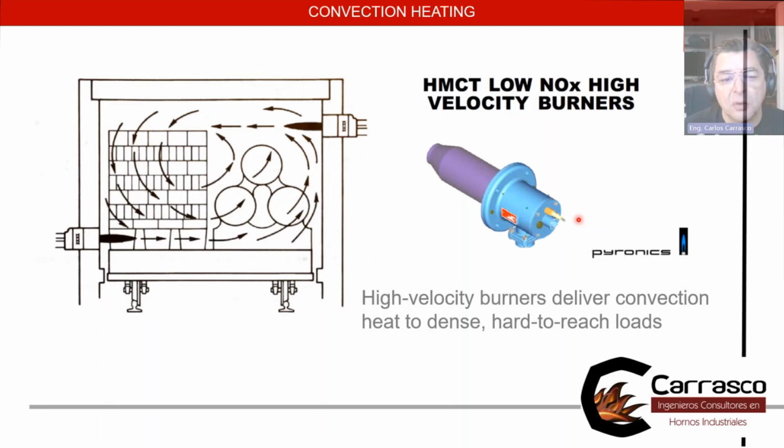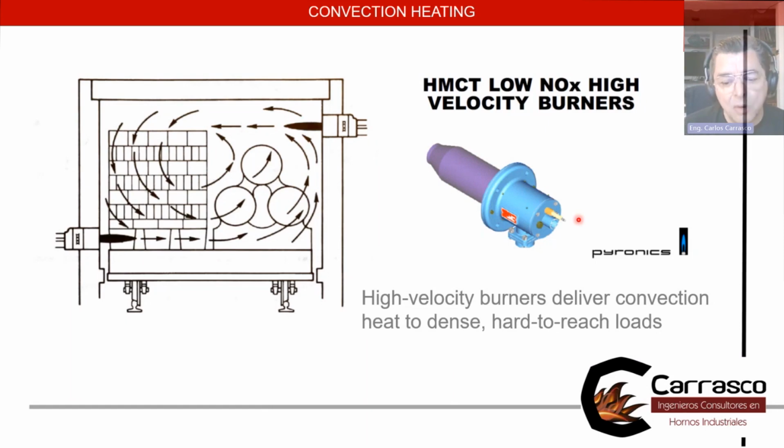So it is important to understand what type of load I have, what temperatures I am going to work, and what is the requirement by the process. Perhaps I cannot use direct fire like in this slide, but there are some other options when you have indirect gas firing, and you can avoid the presence of oxygen inside the heated chamber of the furnace.